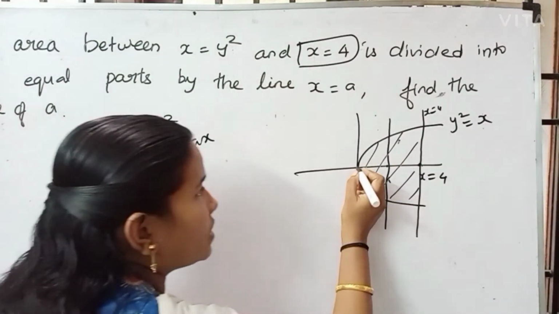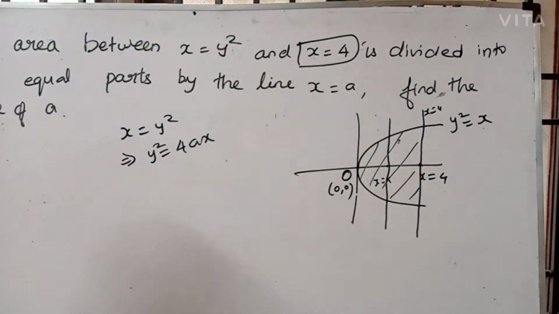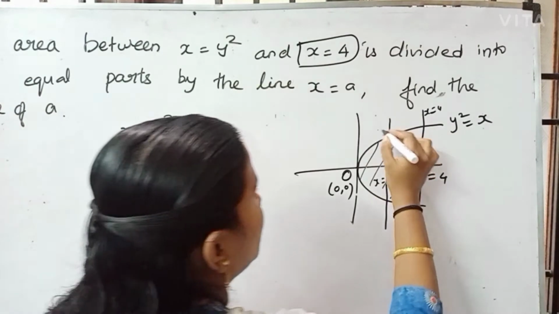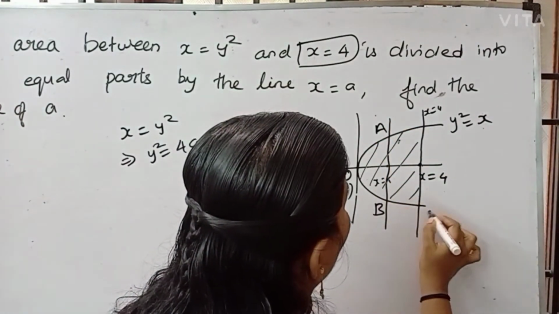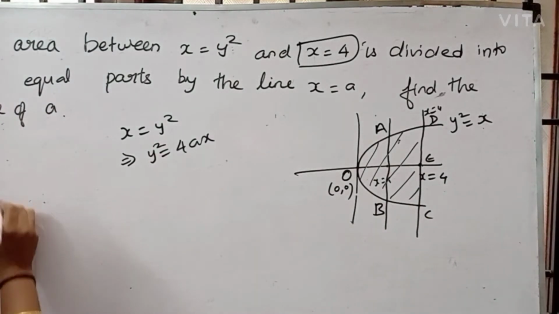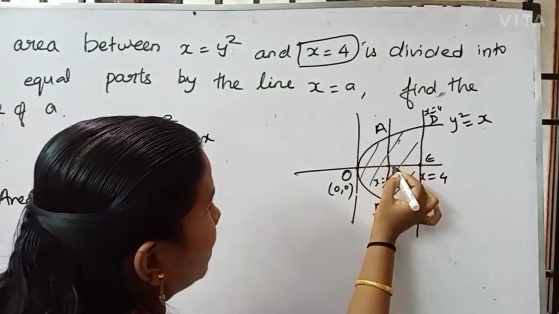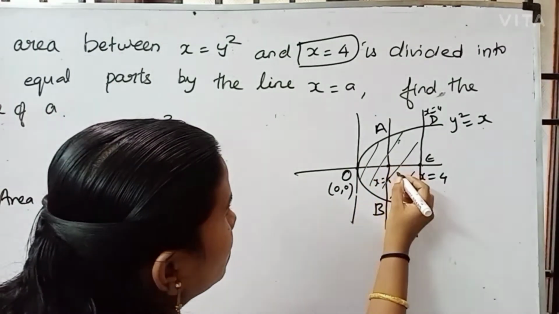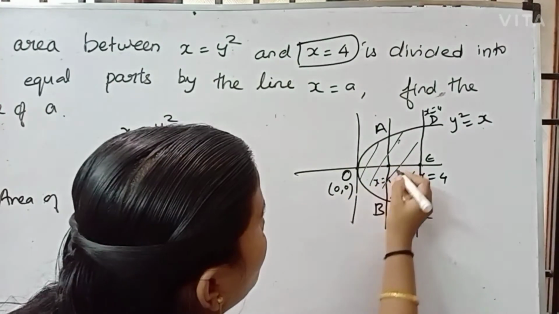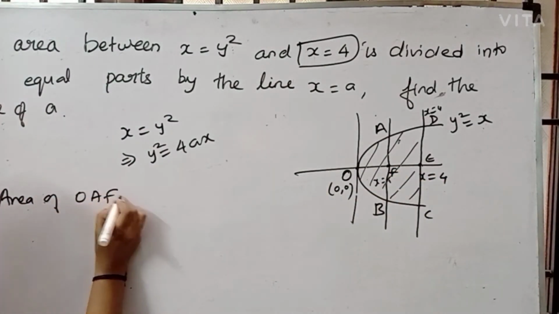Let me name this as O. So O is nothing but the origin, 0, 0. So here A, B, C, D, E. The area of this region OAB. This one, let me name it F. So area of OAF.